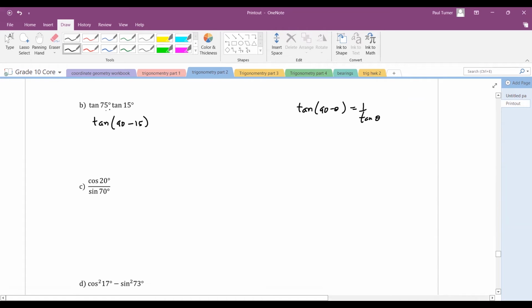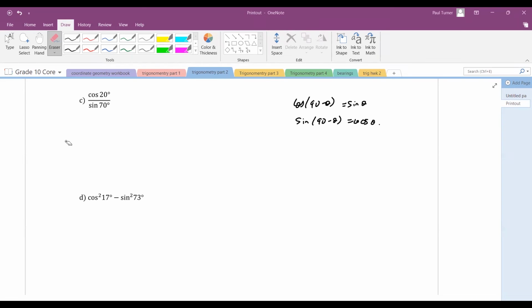So tan of 90 minus 15 times tan 15. And if we come over to our rule here, tan 90 minus theta is 1 on tan theta. So this is going to become 1 on tan 15 because theta is 15 in the question, multiplied by tan 15. And we can see here, these will cancel, won't it? So you'll get 1 for the final answer.